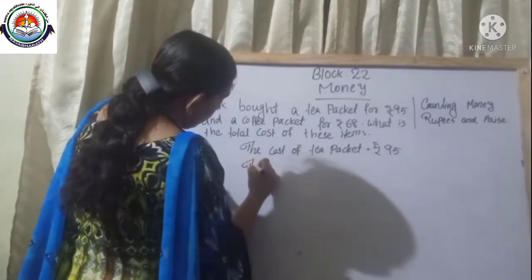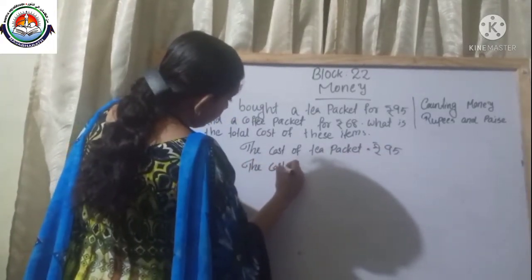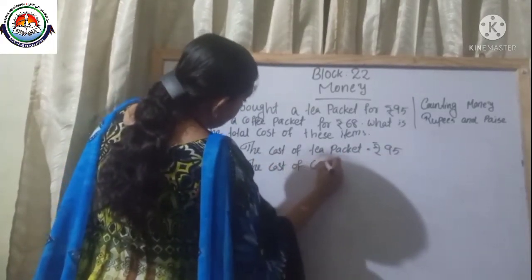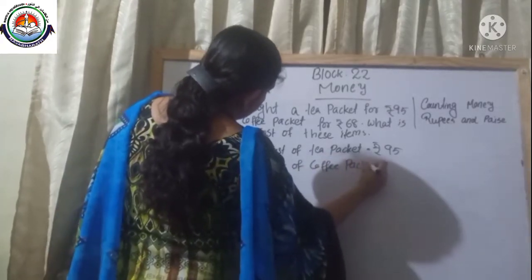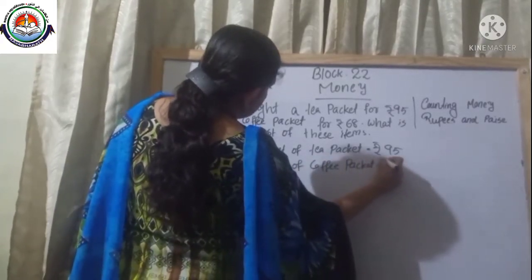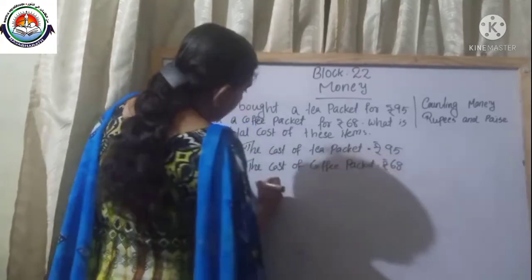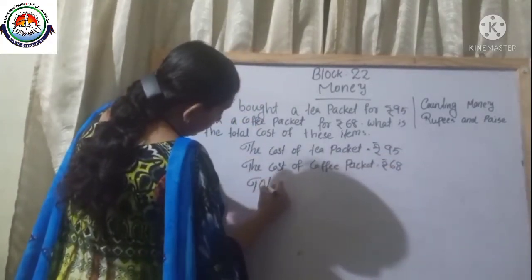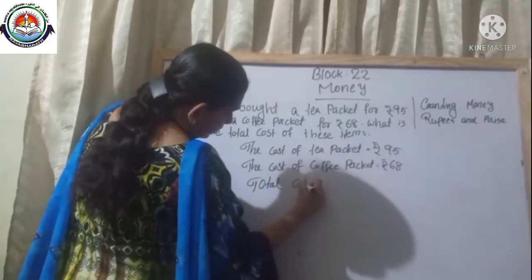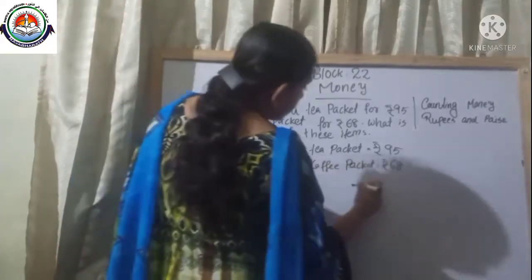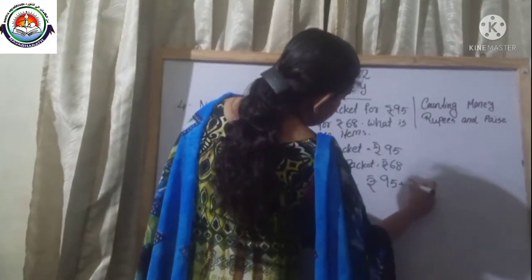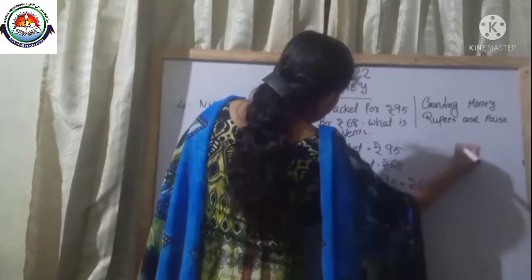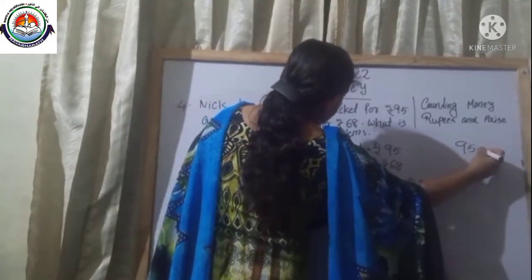Then the cost of coffee packet, rupees 68. Then total cost is equal to rupees 95 plus rupees 68. Find out.